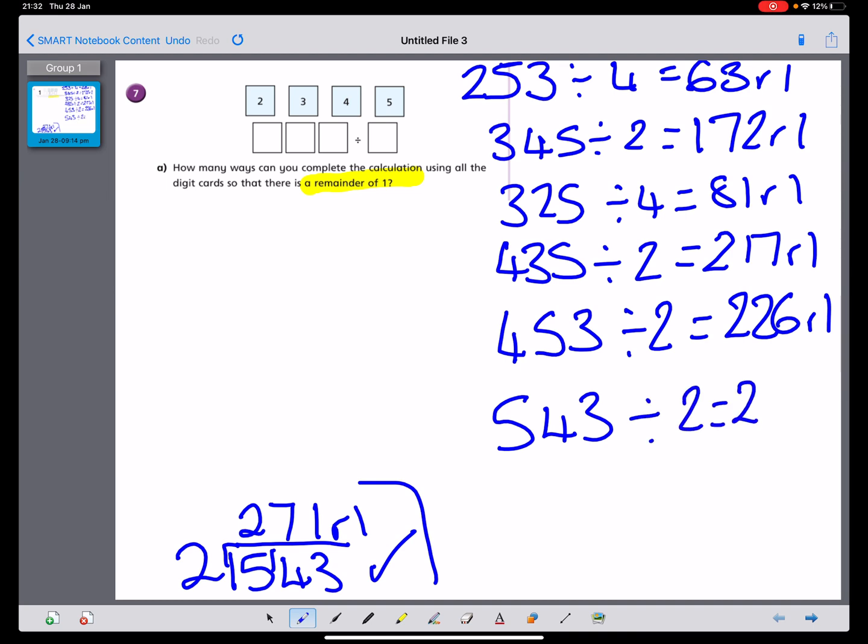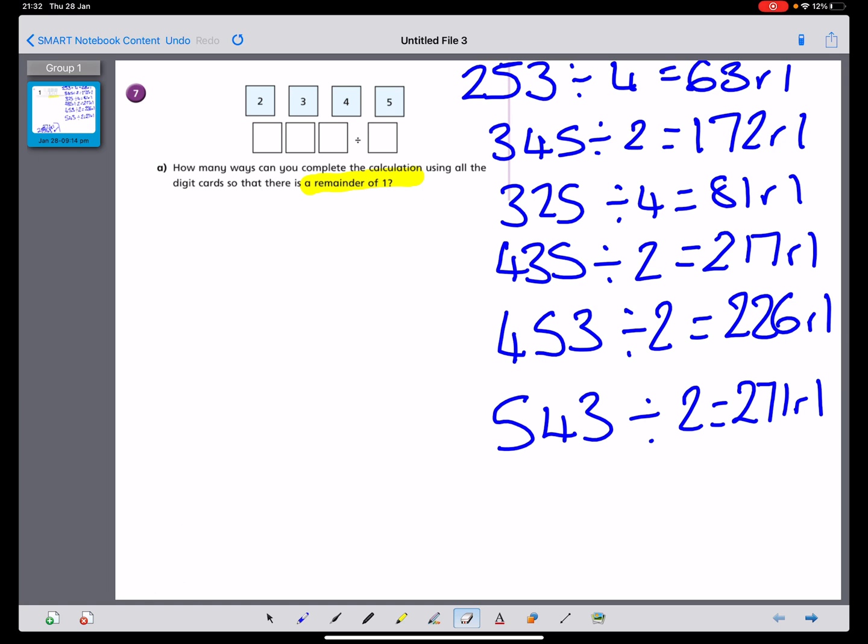Okay, so the ones that did work were as follows. 253 divided by 4 gave us 63, remainder 1. 345 divided by 2 gave us 172, remainder 1. 325 divided by 4 gave us 81, remainder 1. 435 divided by 2 gave us 217, remainder 1. 453 divided by 2 gave us 226, remainder 1.